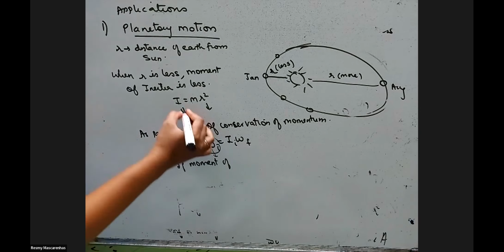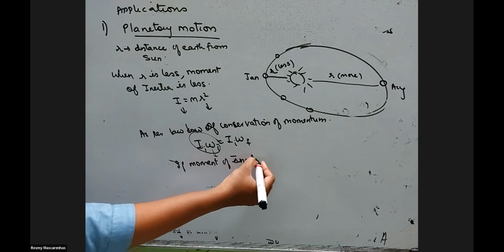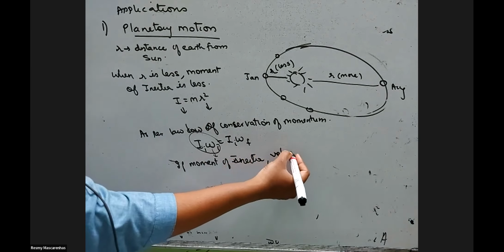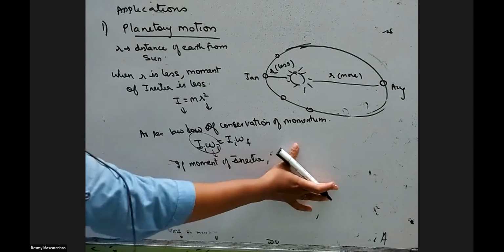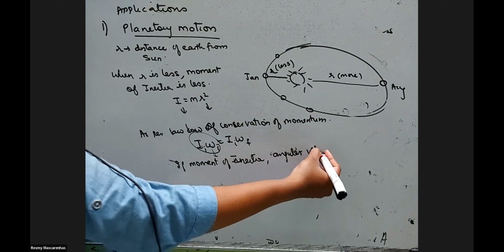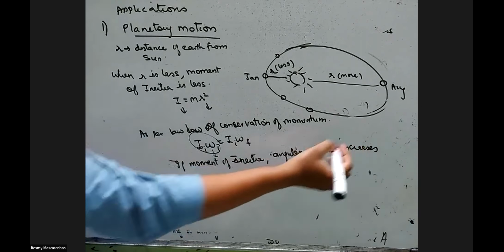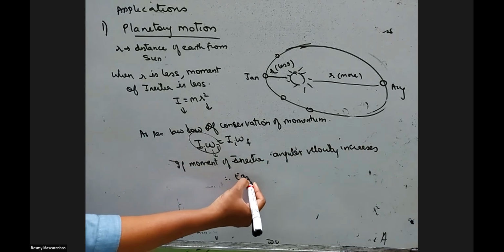So if moment of inertia reduces, angular velocity will increase to counter this. Therefore, Earth spins faster.